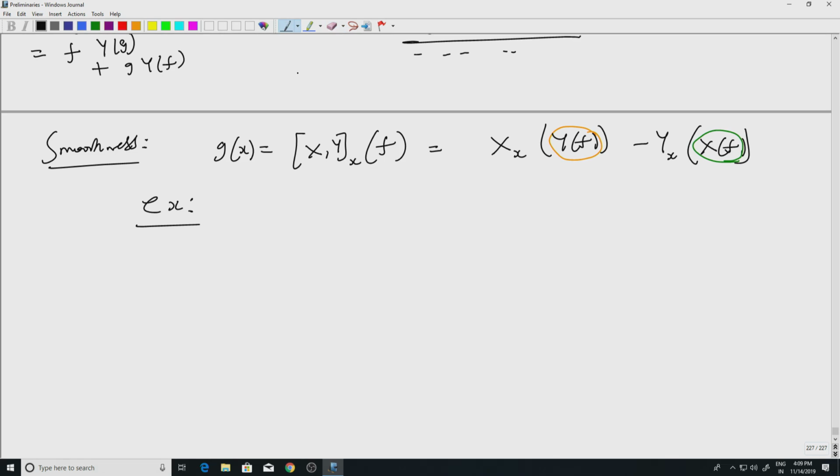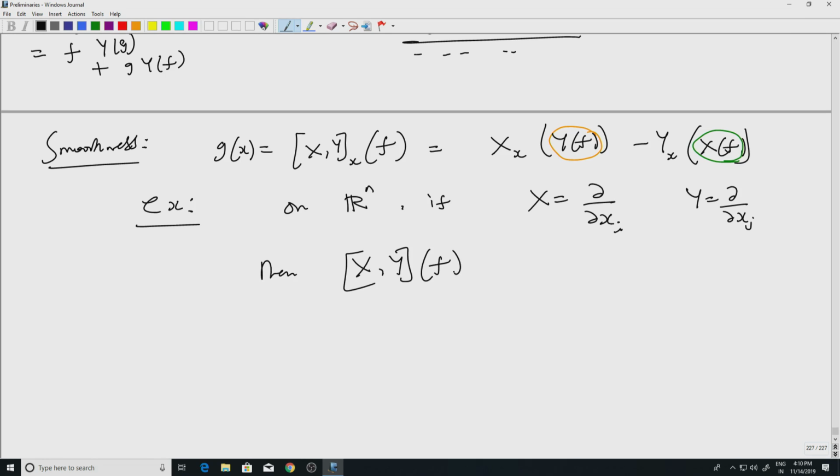Let me take the whole manifold Rn. If X equals del by del xi, Y equals del by del xj, other 2 basis vector fields, then let's see what [X,Y] is.